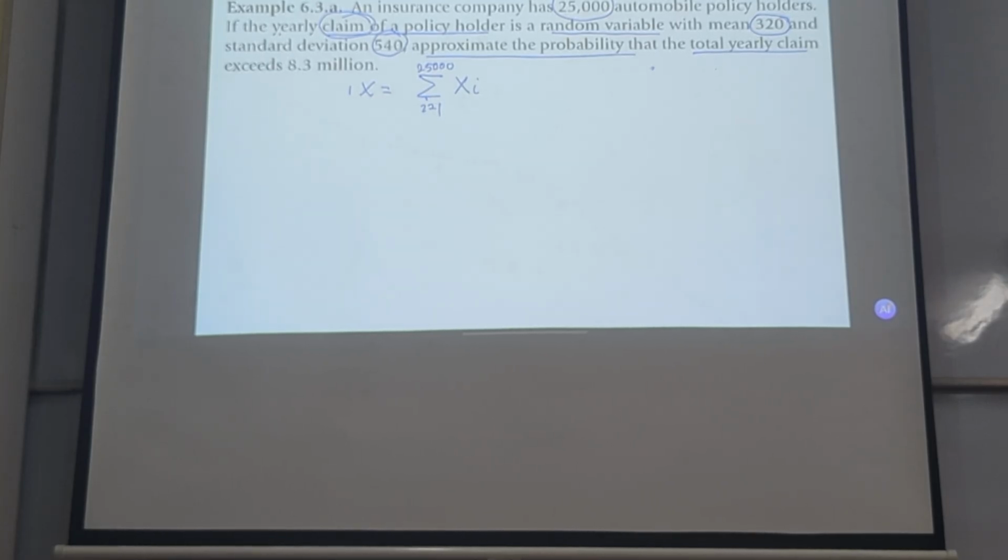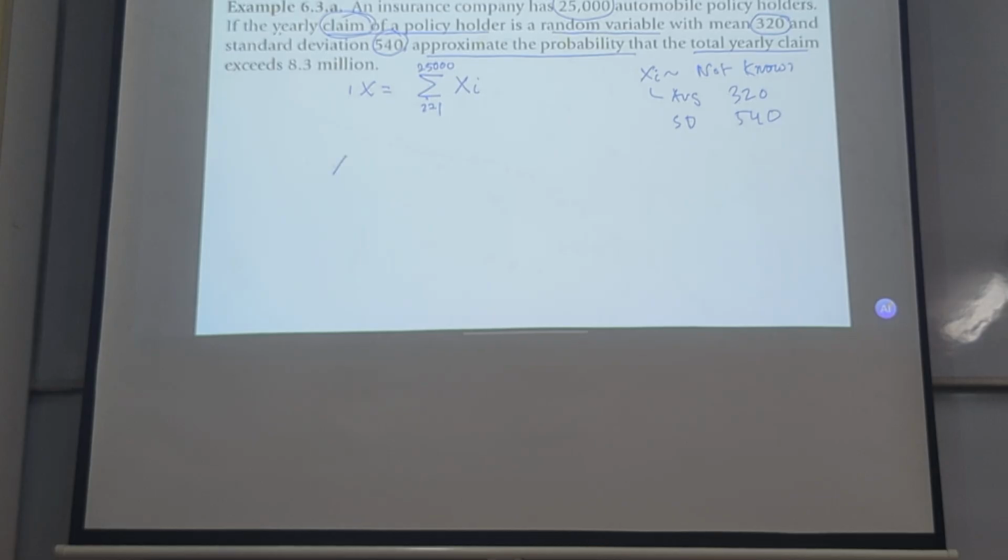Now, what is the expected value and the distribution of X? Not known. The average of each claim is 320. Its standard deviation is 540.